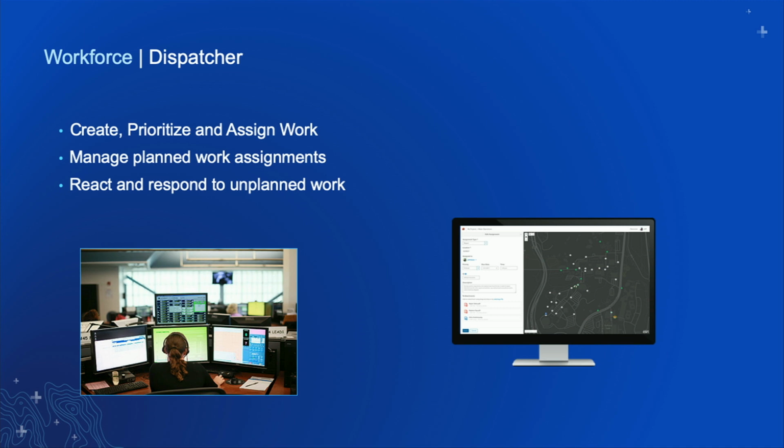You have processes in place that indicate when those inspections or changes should occur. Maybe they're due to the lifetime of the assets and they're coming due, or they could be due to other circumstances as well. The point is that someone, either because they willfully decided it or because you have an SOP or a set of rules, decided that work needs to be done on those. And that's a great example of planned work.